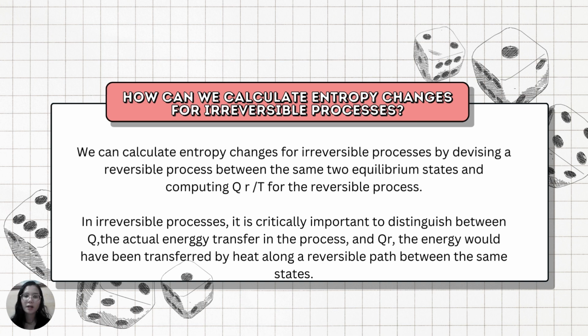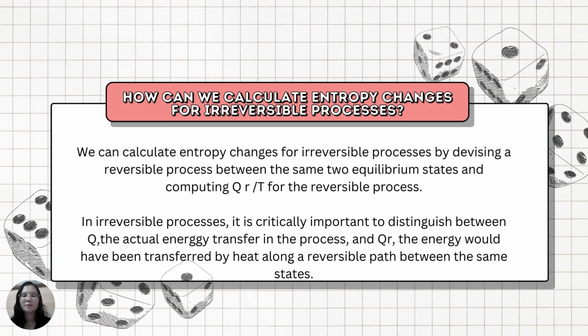QR represents the differential amount of heat transferred reversibly, and in thermodynamics QR typically denotes heat transfer occurring in an idealized reversible process, while T is the absolute temperature at which the reversible heat transfer occurs.